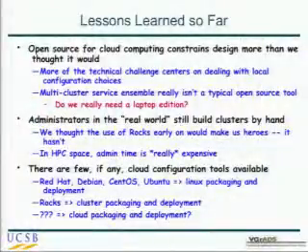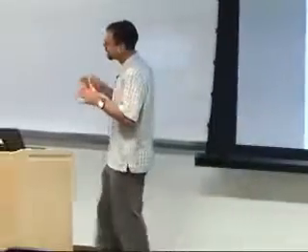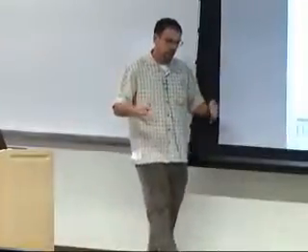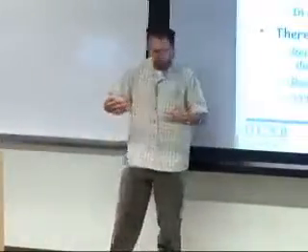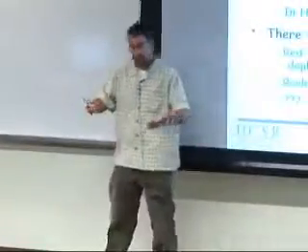Lessons we've learned. Open source cloud computing is an interesting idea, but it's really a different thing than cloud computing as a production quality service. You've got to worry about portable software. You have to worry about architecting something that can live in anybody's infrastructure. One of the big differences between grid computing and cloud computing, for example, is that in grid computing, we bought off on the idea of federation day one.